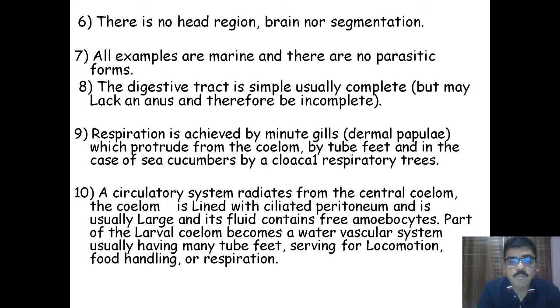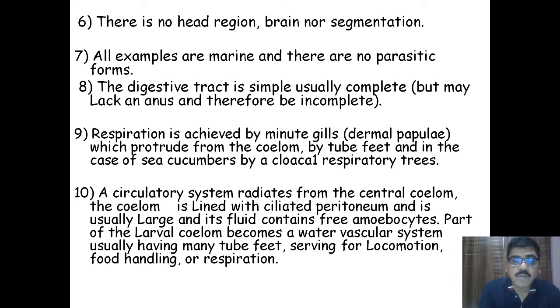The coelom is lined by a ciliated peritoneum and is usually large, and its fluid contains amoebocytes. Part of the larval coelom becomes a water vascular system, usually having many tube feet, which serve for locomotion, food collection, or respiration.